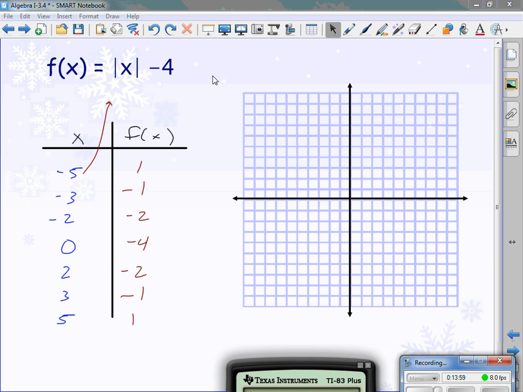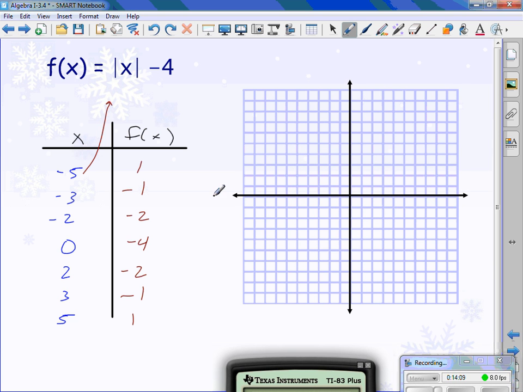When we graph it, it looks like a V. Negative 5, 1 means to the left 5, up 1. Negative 3, negative 1 means to the left 3, down 1.